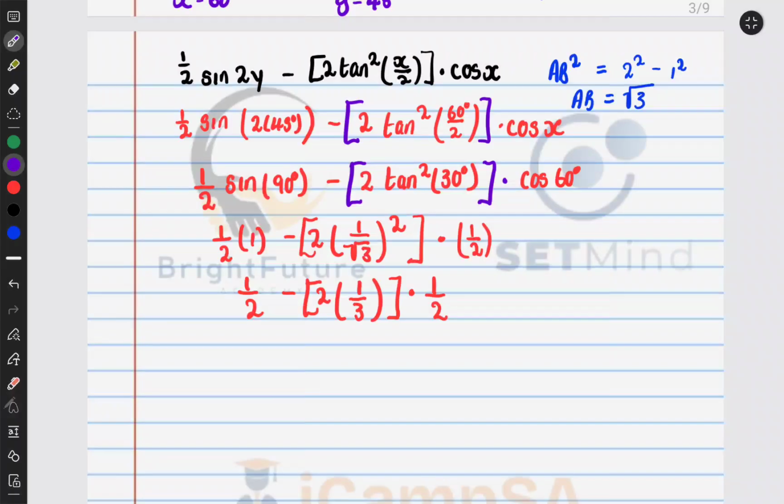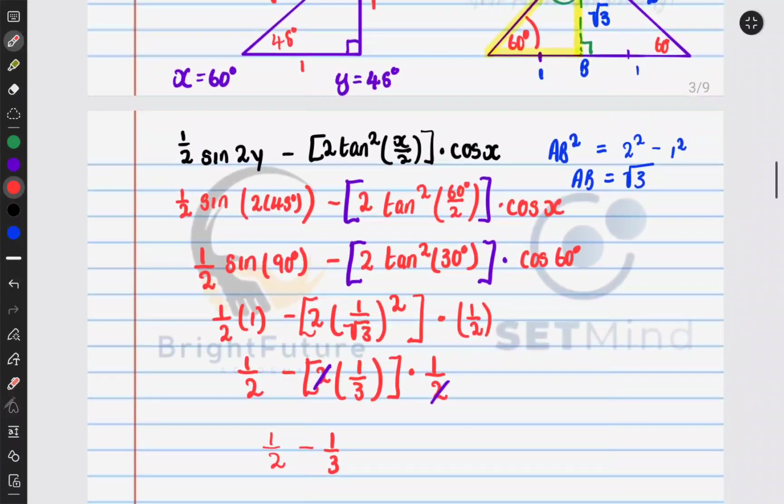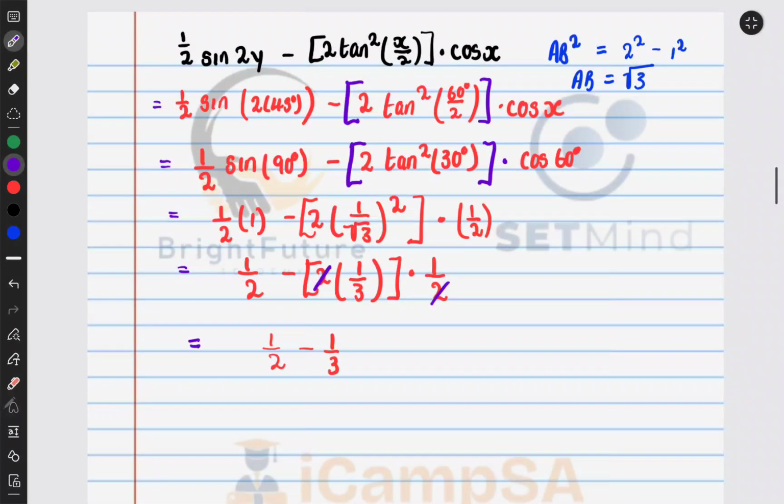This 2 will cancel, and we're left with 1 over 2 minus 1 over 3. Just to show each step.